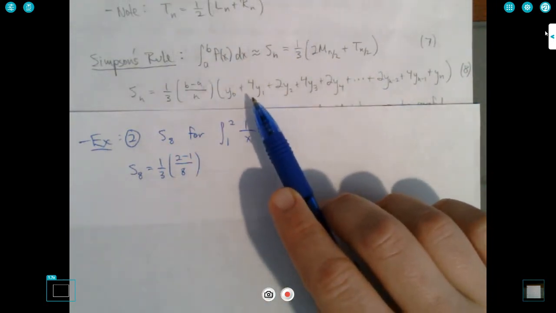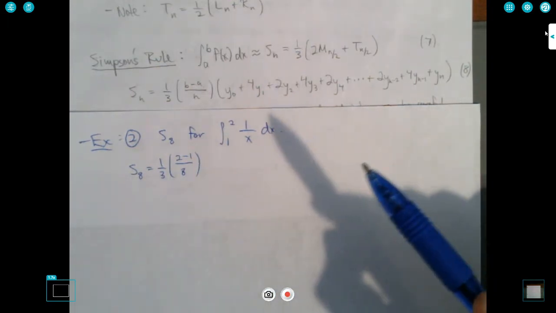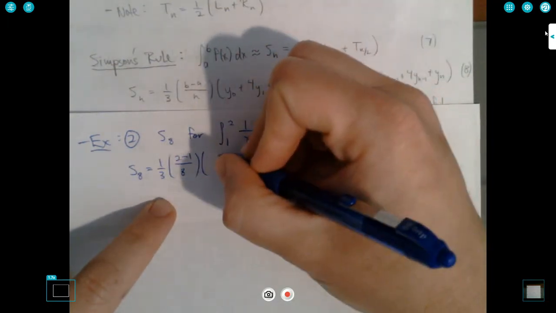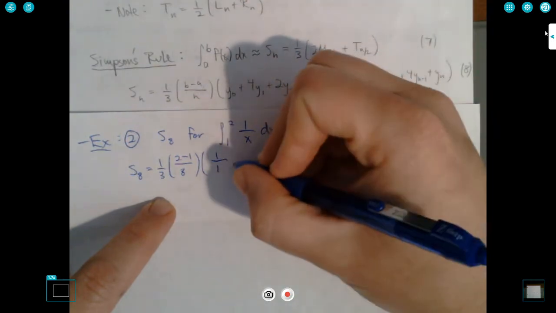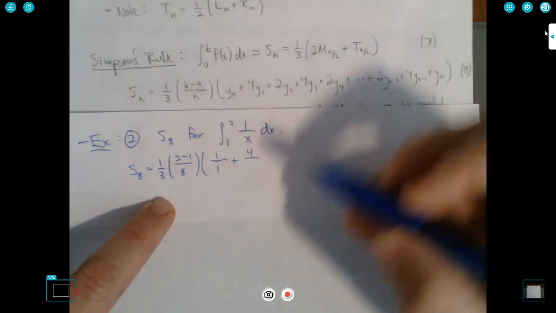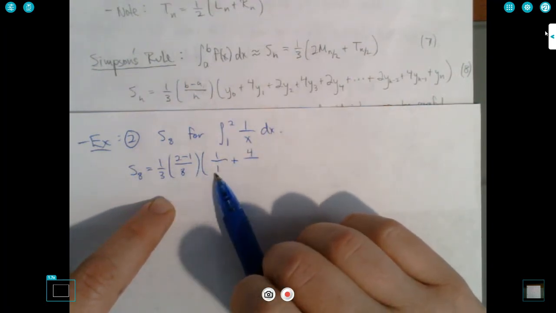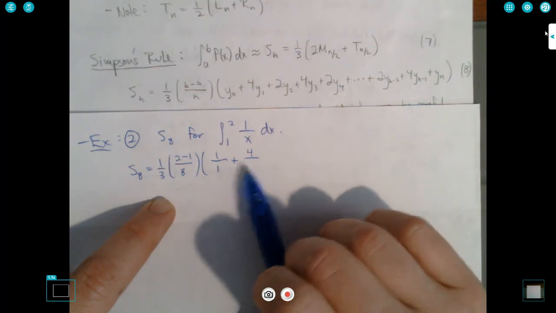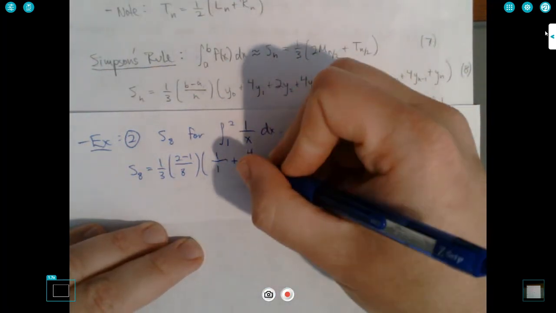And we're going to split that into, in this case, we want 8 subintervals, right? So it's going to be 1 over 1 plus 4 times 1 over, what would the next one have to be? Well, if I add an 8th, I'm going to get 9/8.